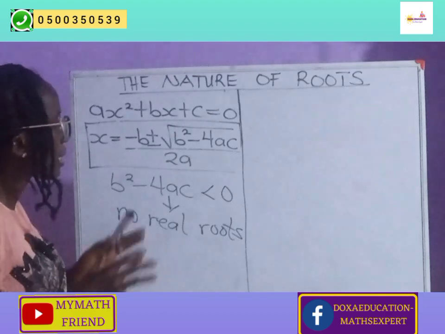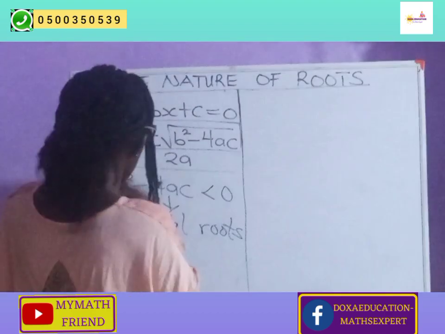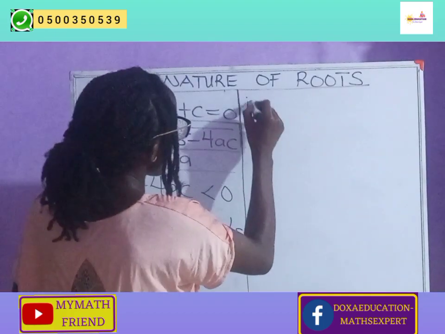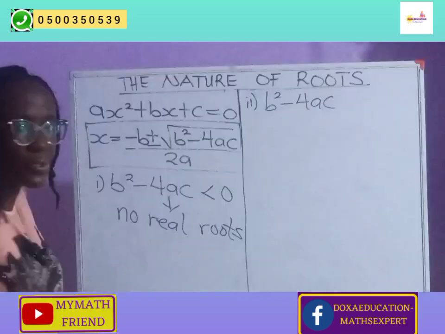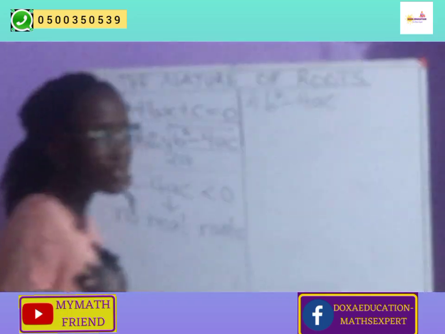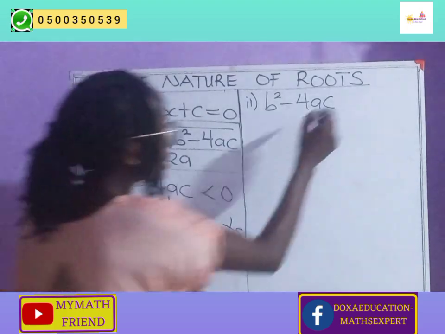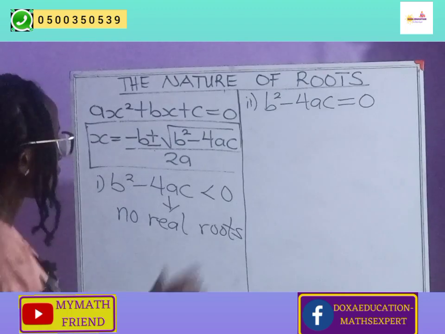Now the second case in describing the nature of our roots, using the same b squared minus 4ac inside the square root. The first one we said is less than 0. The second one is when you substitute the values of a, b, c, and your answer is equal to 0. What will be the nature of your roots?